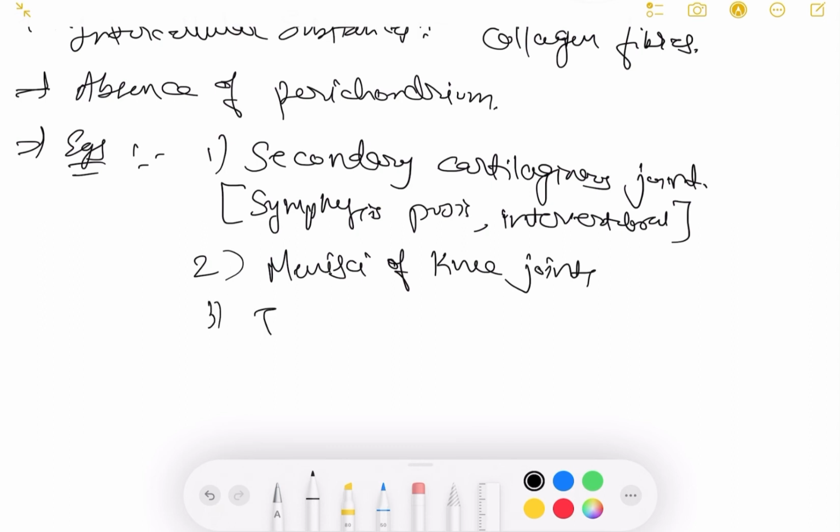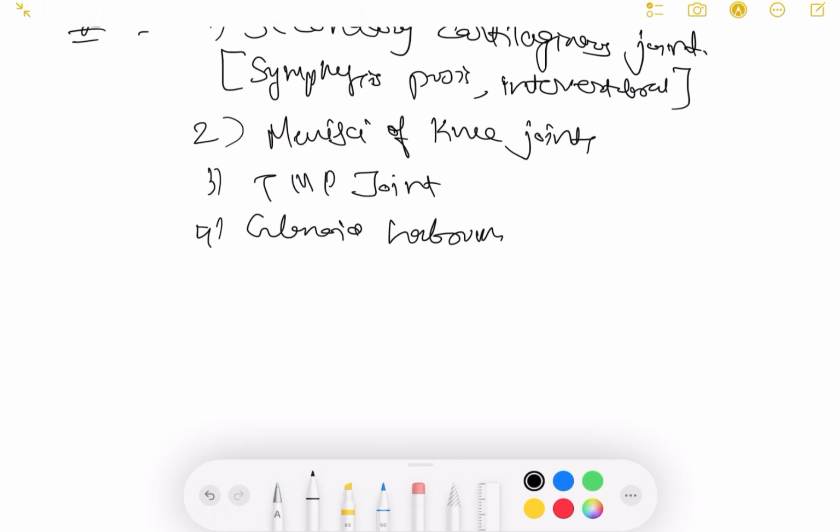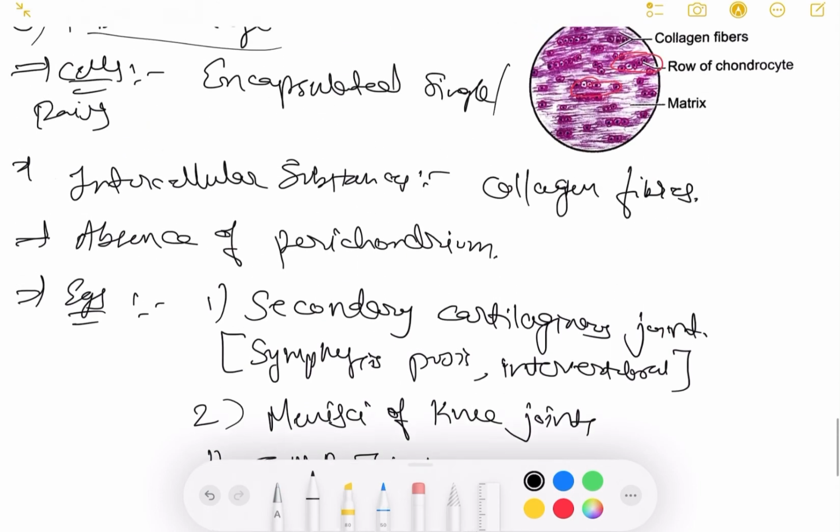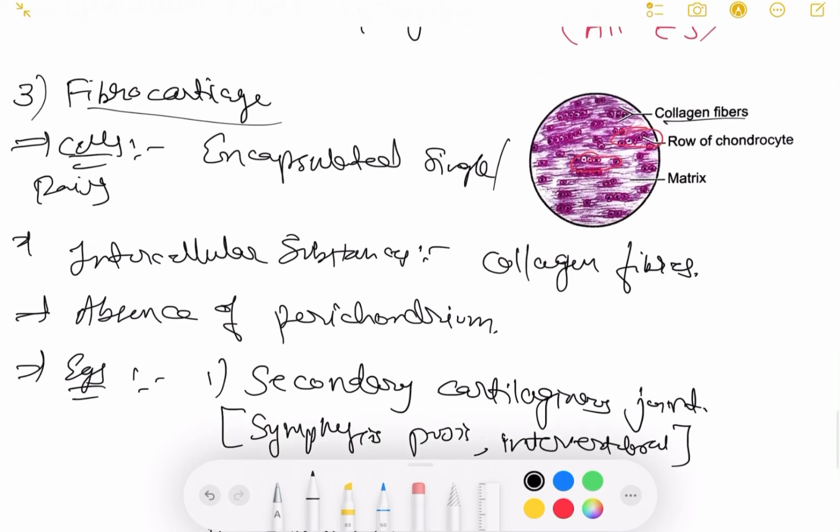Another is the temporomandibular joint. Glenoid labrum is the layer present in the shoulder joint. And acetabular labrum. So this was all about fibrocartilage. It has collagen fibers, matrix, and so on.